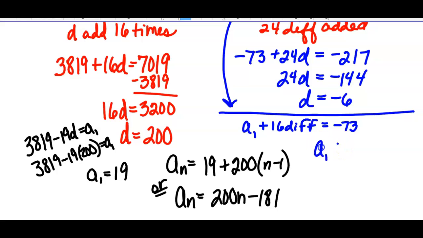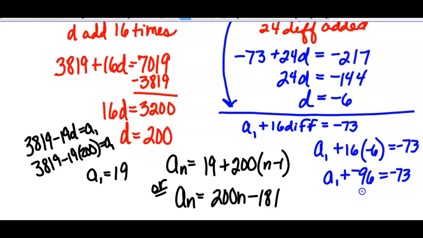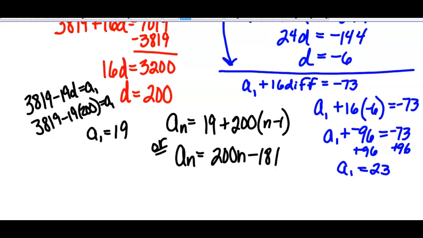So a sub 1 plus 16 times -6 was -73. -6 times 16 is -96. So if I add 96 over here, the first term was 23.